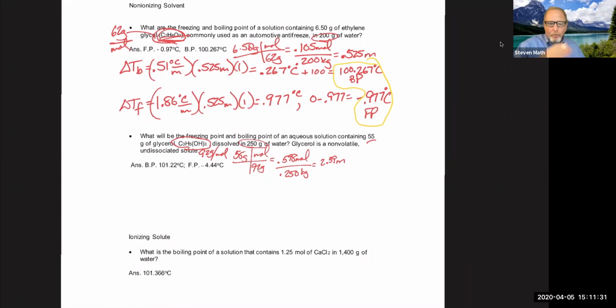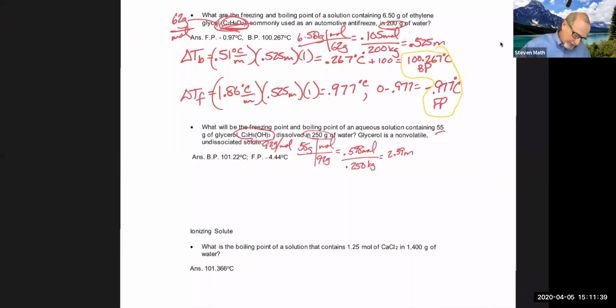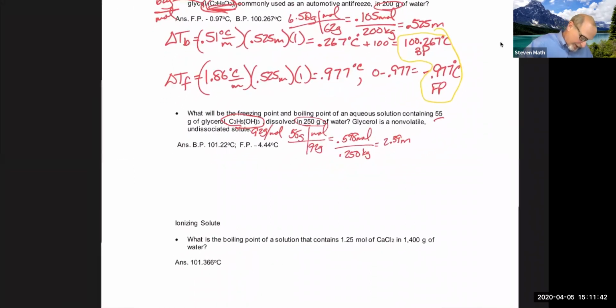Same thing now. We're still in water as a solvent, so we're still going to use 0.51 and 1.86. So here's what it looks like. Delta TB is 0.51 degrees Celsius molal times 2.39 molal.